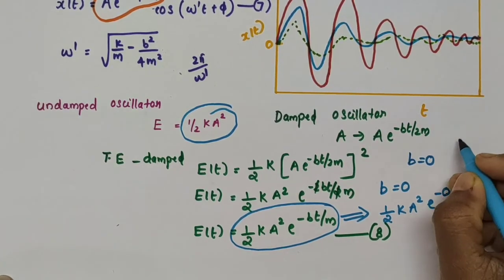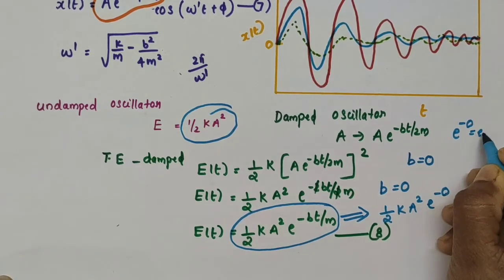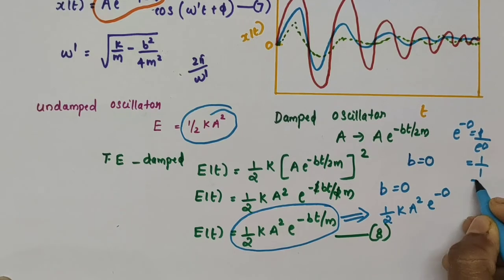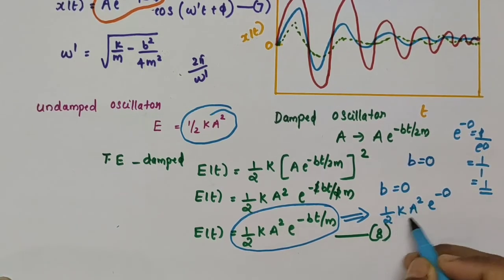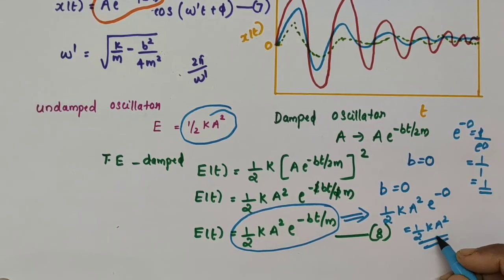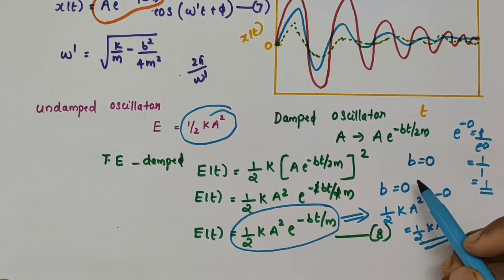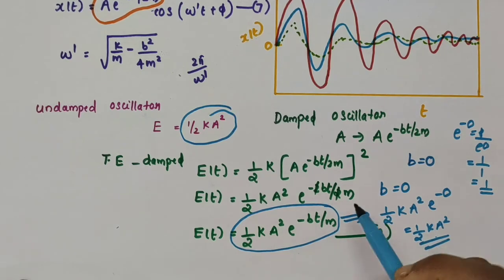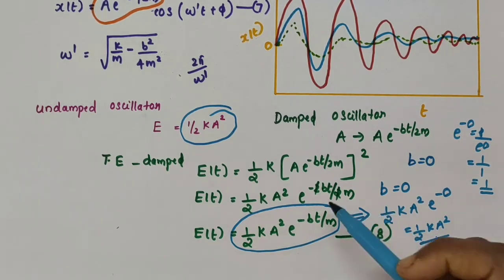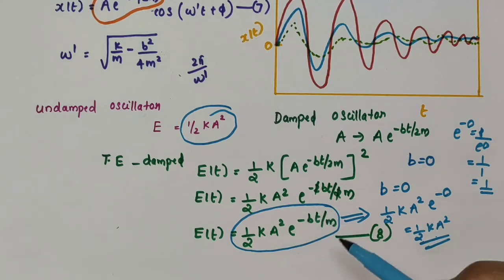What is e raised to minus 0? It is 1 by e raised to 0. e raised to 0 is 1, and 1 by 1 is 1. 1 into half k A square is half k A square itself. So you see, if we put b equal to 0, then not only this one, all the equations of the damped oscillator reduce to the corresponding equations of an undamped oscillator.